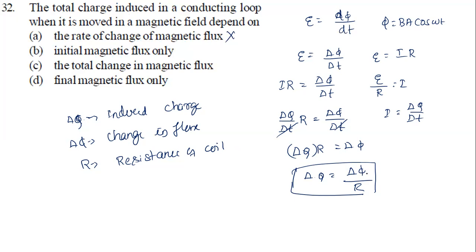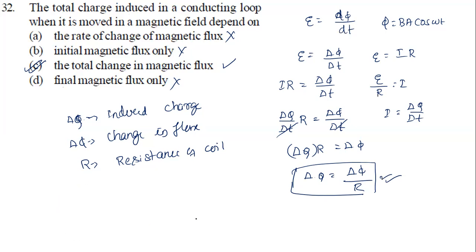No, it depends on change in flux, initial and final both, so that is not right. Total change is right. The final alone, no. So C is the right answer for the given question. It depends on the total change in flux. So remember this formula, students. This is an important formula: the relation between induced charge, change in flux and the resistance.